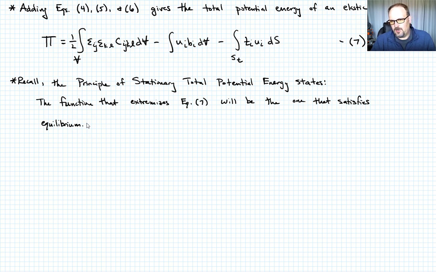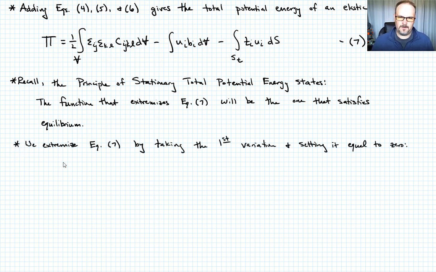So what we're going to show is that when we extremize this functional, we recover the principle of virtual work. Let's go ahead and extremize equation 7 by taking the first variation and setting it equal to 0. So here we go, delta Pi equals 0. And what is delta Pi? Well, we have a 1/2 integral over the volume.